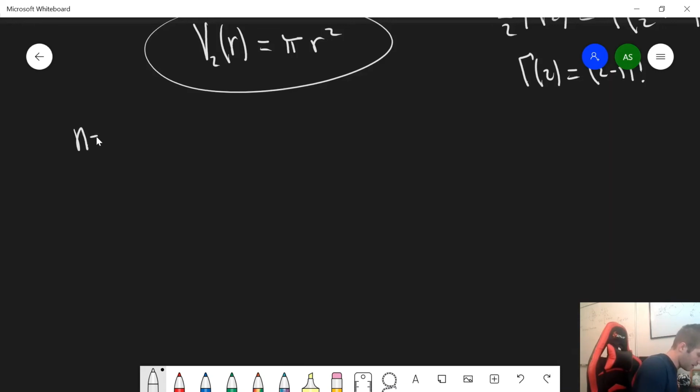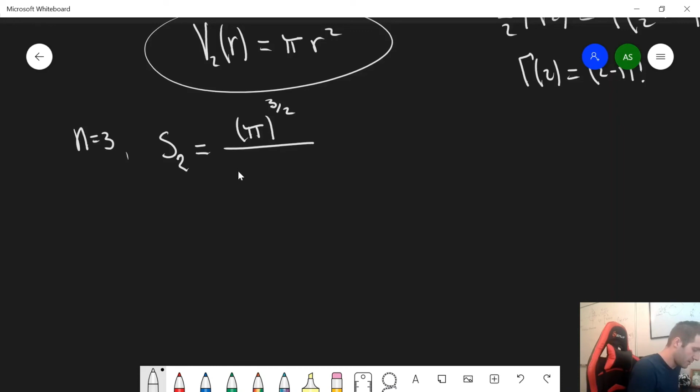So n equals 3. Well, how shall we describe that? We're going to have S sub n minus 1. 3 minus 1 is 2, so S sub 2, which equals, well, what do we have here? We're going to have pi, of course, raised to the n over 2 power. Well, n equals 3, so we're going to have 3 over 2.